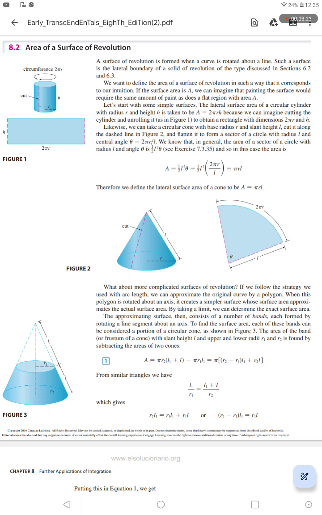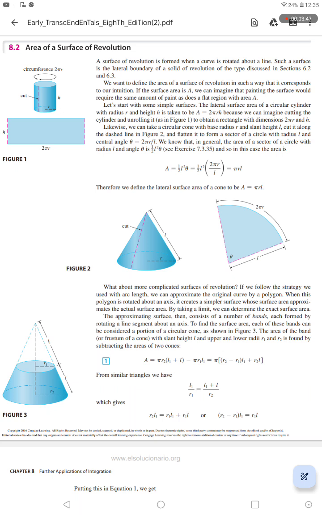The approximating surface then consists of a number of bands, each formed by rotating a line segment about an axis. To find the surface area, each of these bands can be considered a portion of a circular cone, as shown in figure 3.